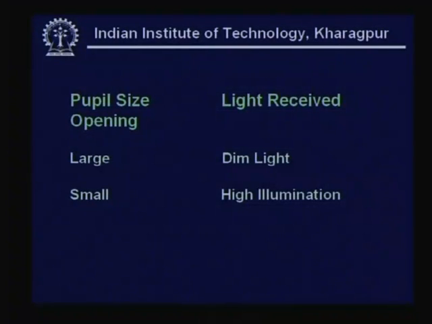Color reproducibility to the brain is much lower than when cone cells are involved, and you do not get the details. You see the person coming, but you may not be able to know exactly what he is observing. You will just see the person coming towards you on the dark road. On the other hand, when there is intense illumination, you will find the pupil opening becomes very small.